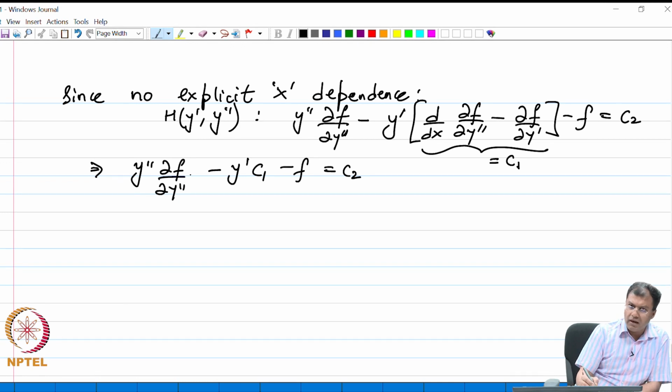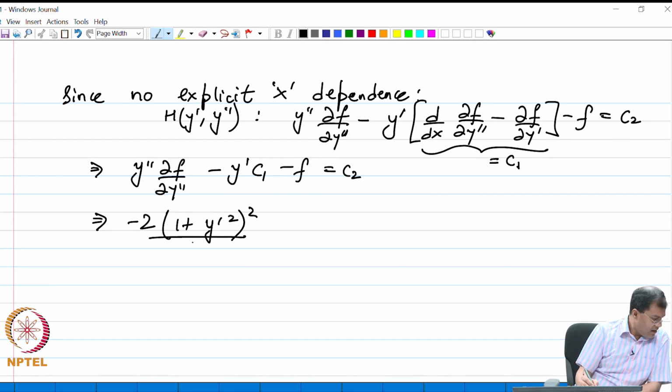All I have to do is plug in the value of f. When we do that, we get the simplified expression: 2 minus 2 times (1 plus y prime square) whole square divided by y double prime, minus y prime C1, is equal to C2.